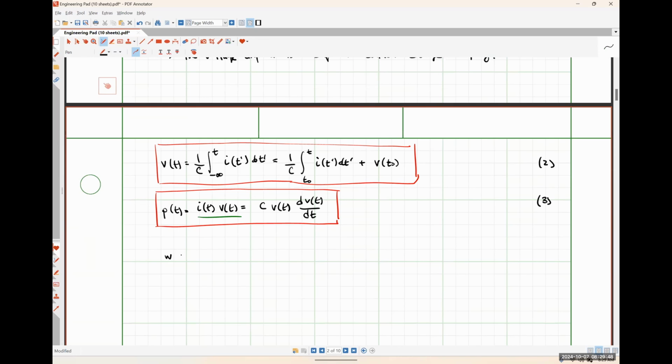And then lastly, we had an expression for energy. I went through a derivation. I'm not going to bother with it this time because the derivation is literally the exact same thing as we had for the inductors, except that in this case, we will wind up with 1/2, excuse me, I forgot the C times the square of the voltage.